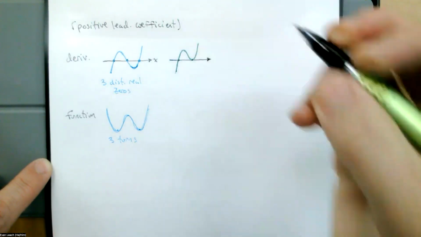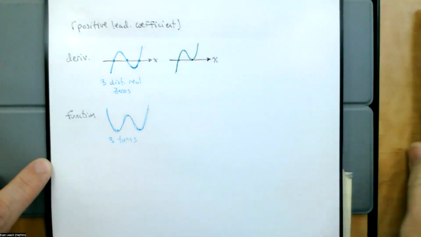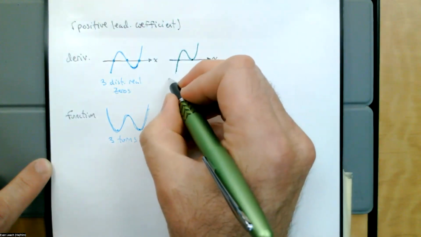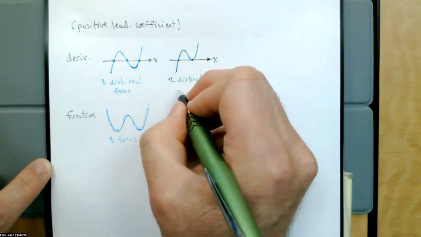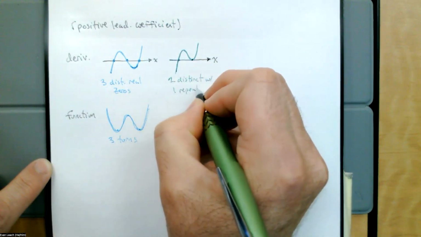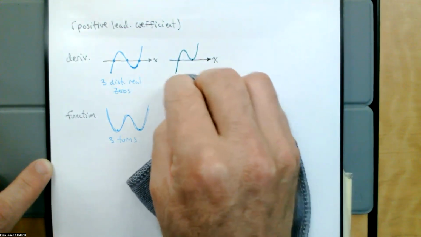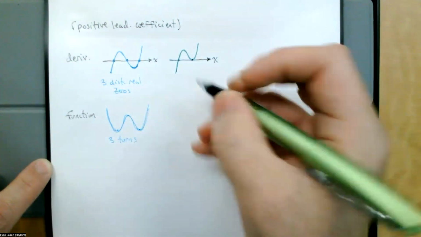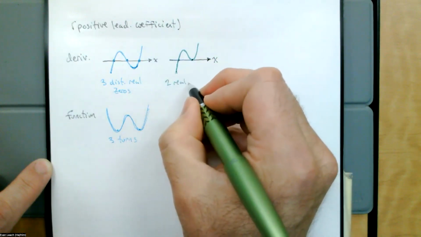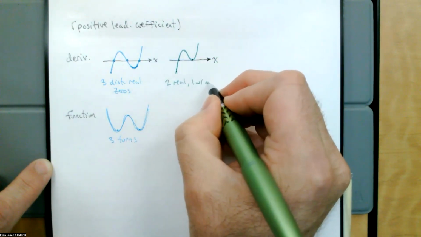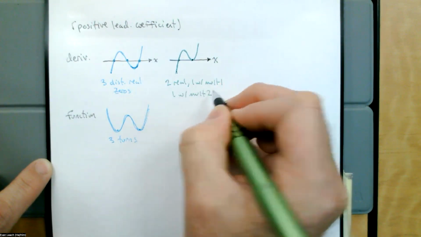I have to go back down, touch the x-axis once, and then bounce. Let's go 2 real, 1 with multiplicity 1, 1 with multiplicity 2.